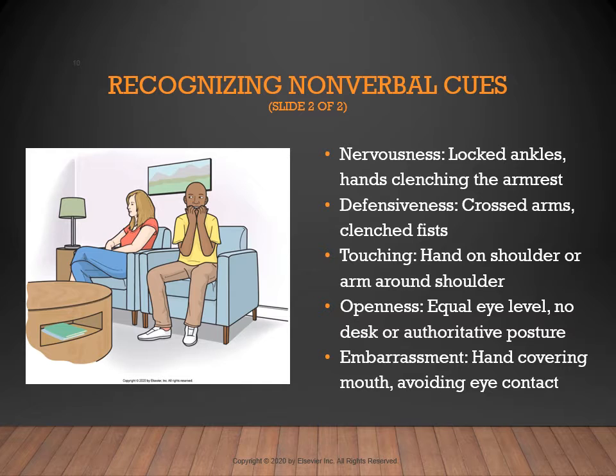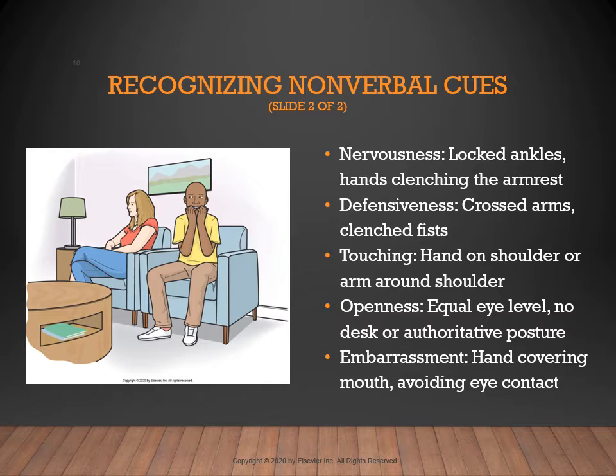If you want to show openness, you can touch them on their shoulder or their arm really close to their shoulder. That's really the only place it's ever appropriate to touch your patient. And even then, if they're wearing a tank top, I wouldn't touch them on their bare skin.